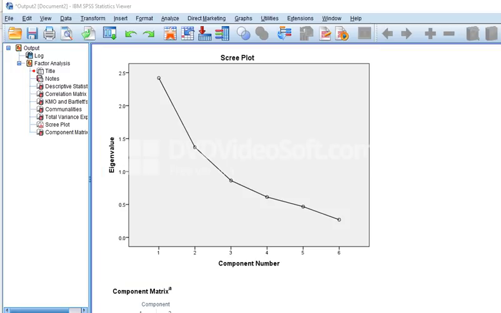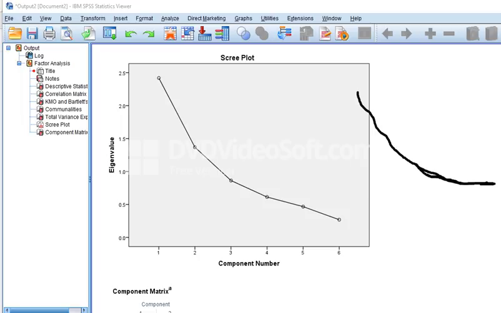At the bottom of the mountain you see things level off, maybe still with a decreasing slope. The slope is more pronounced over here, but as you move towards this region, getting at the rubble at the bottom of the mountain, the Scree, you can see things leveling off. That's the idea behind a Scree plot.